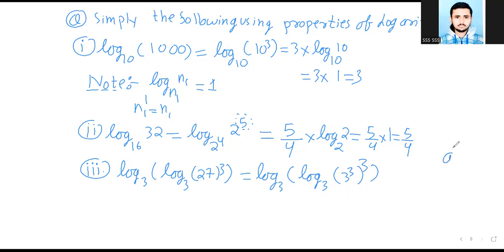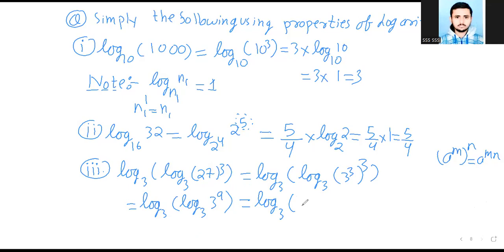Now a raised to the power m whole raised to the power n becomes a raised to the power mn. So this changes to log base 3 of log base 3, 3 raised to the power 9. Now, this 9 can get converted into the product. So this power gets converted into multiplication. So you get log base 3, 9 times log of 3 base 3.